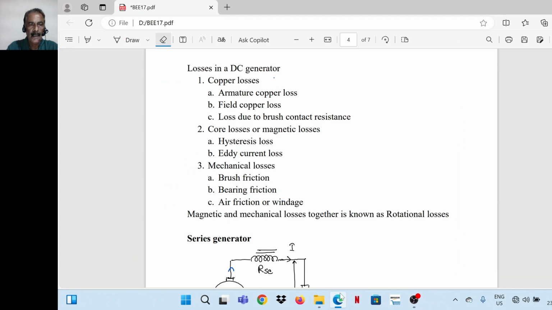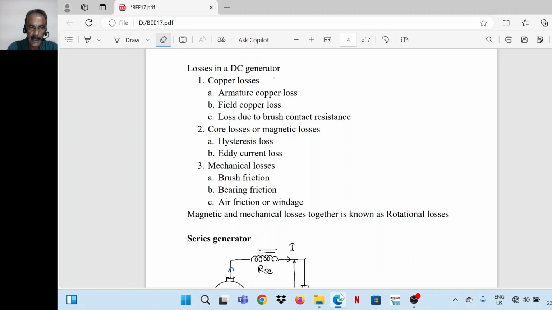So I'll summarize the total losses happening in the DC generator. We have seen these losses are copper losses, core losses, and mechanical losses. Copper losses are the armature copper loss, field copper loss, and I-square R loss at the brush contact point on the commutator.